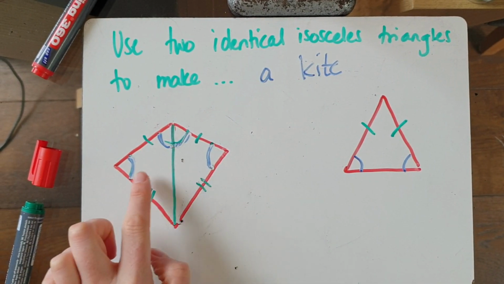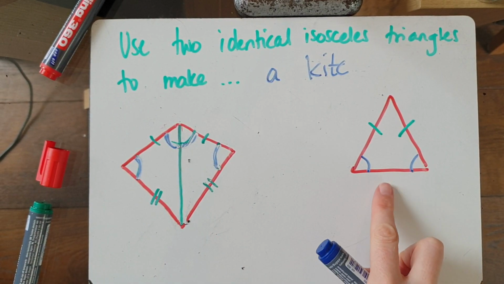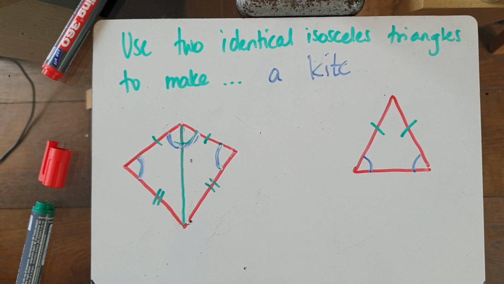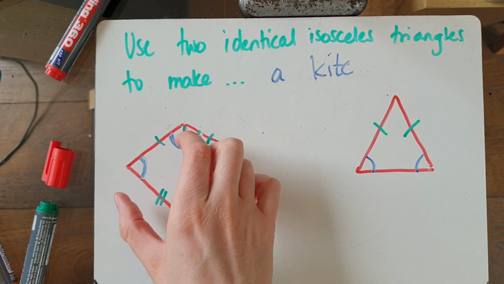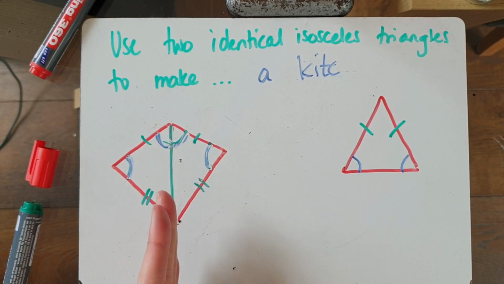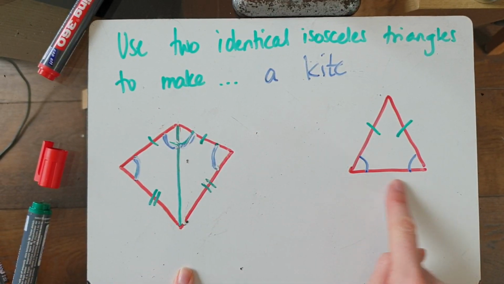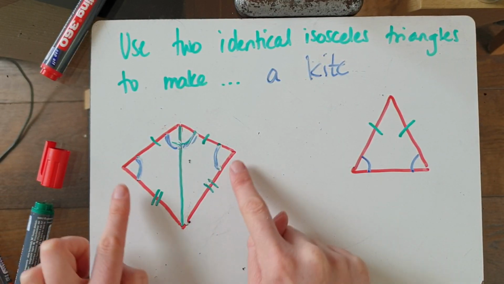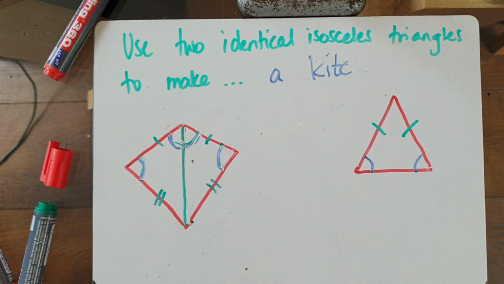I haven't quite drawn these isosceles, but that is how you could do it with that triangle into this shape. So rotate this round, stick one there, flip it over, stick another one there, so you're reflecting it. These two sides will be the same because they're the base, and these two sides will be the same because they are the matching sides of the isosceles triangle.